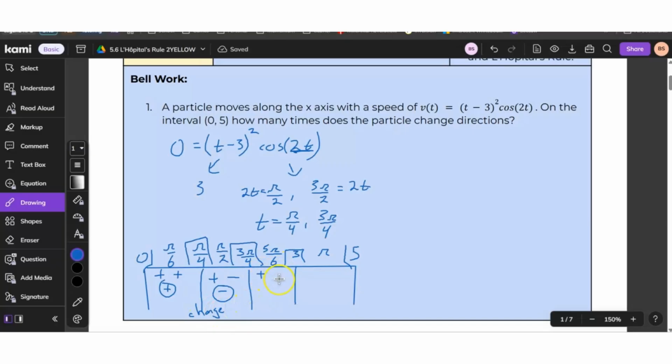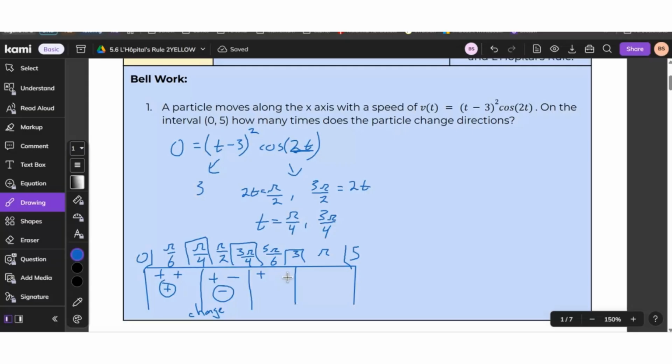First one's always squared, positive. Cosine of 5 pi over 3. We're in quadrant 3. No, 5 pi over 3 is in the fourth quadrant.